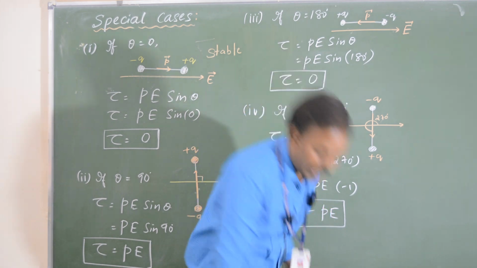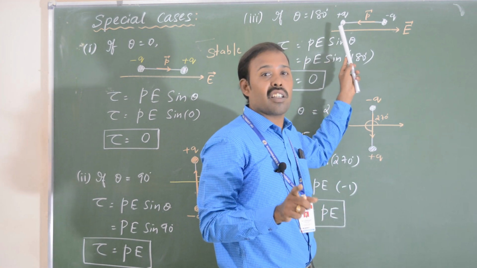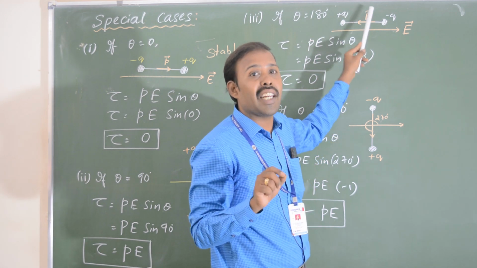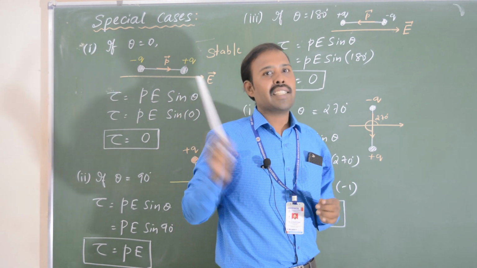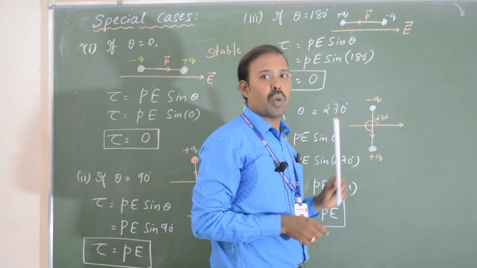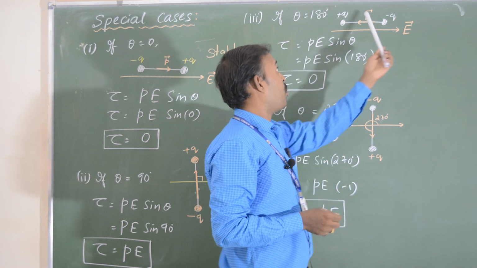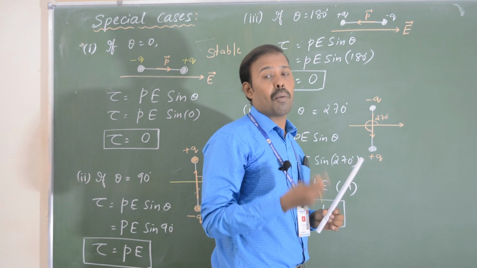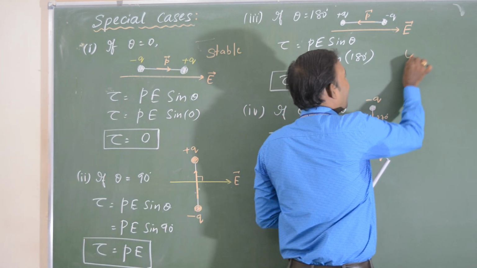So I can say this is not a stable equilibrium, this is an unstable equilibrium. This is the small difference between theta is equal to 0 and theta is equal to 180. If I disturb a dipole which is placed opposite to the direction of electric field, it will not come back to its own position. So this is unstable equilibrium.